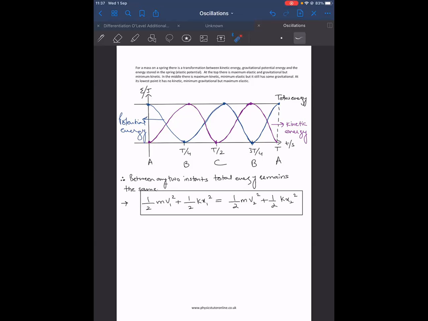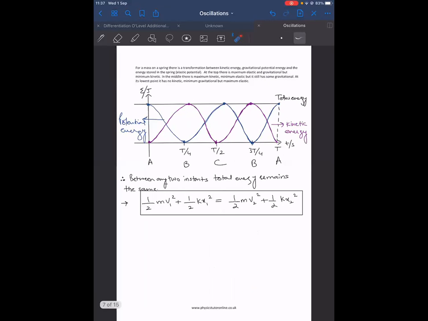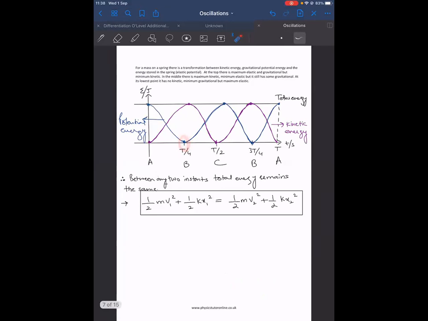Now we know that at A, that's the point of maximum displacement. So we're going to have the maximum PE, that's blue one, it's representing PE, maximum PE. And then when you're moving to B, B means mean position, so 0 PE. Then to C, on the other hand, at the point of maximum displacement, maximum PE.